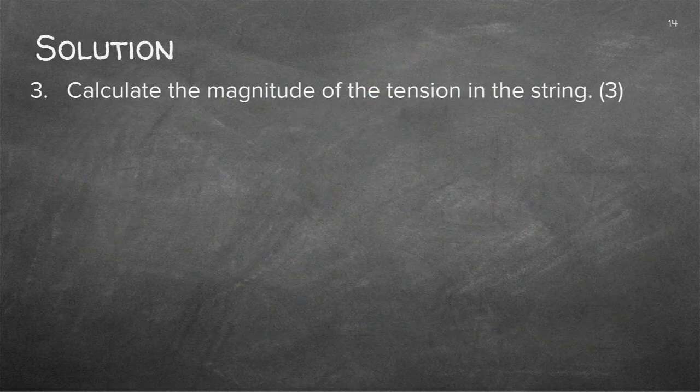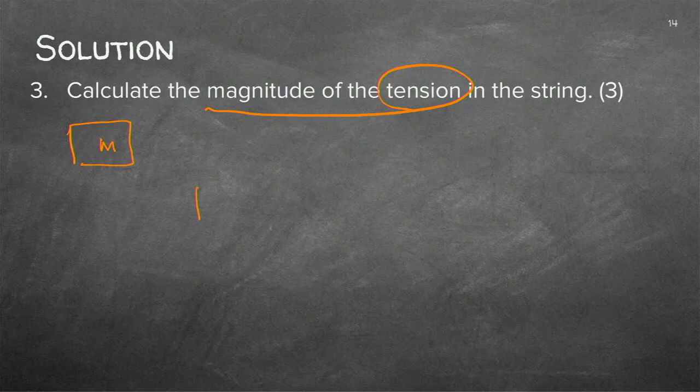In the second question, they want me to calculate the tension in the string. And again, you've got two masses. You've got a mass there, and you've got a 3 kilogram block there. With the 3 kilogram block now, we determined the acceleration to be 0.11. So what do we know? We know we've got an upward tension there, and we've got gravity pulling it down.